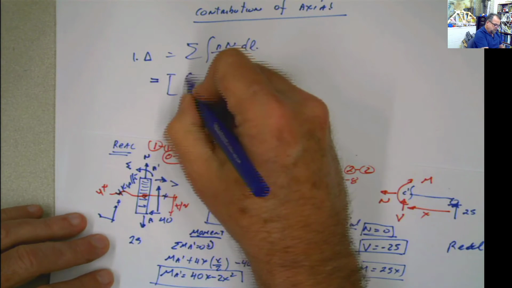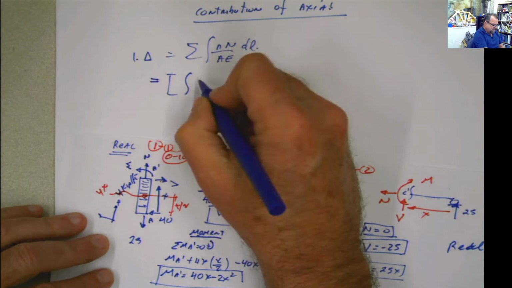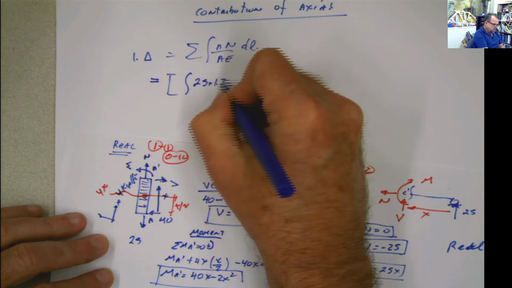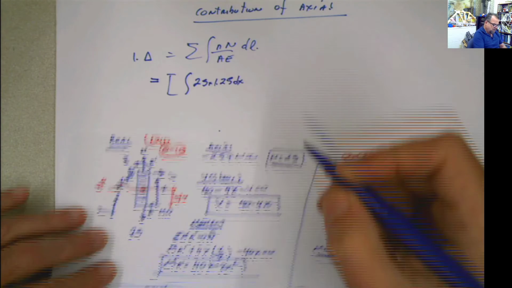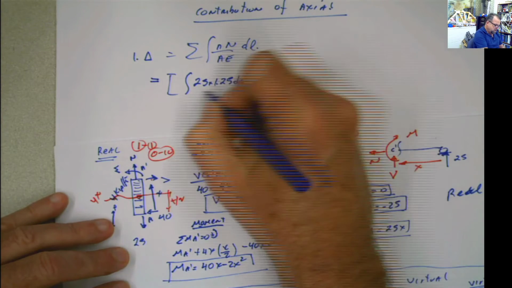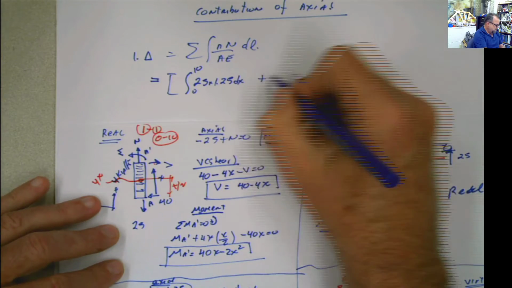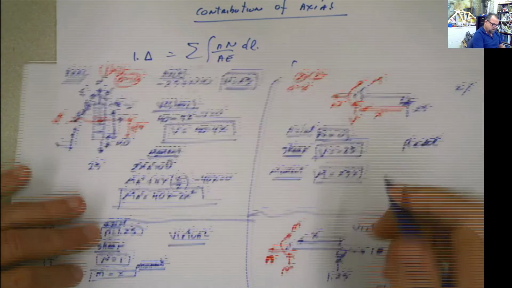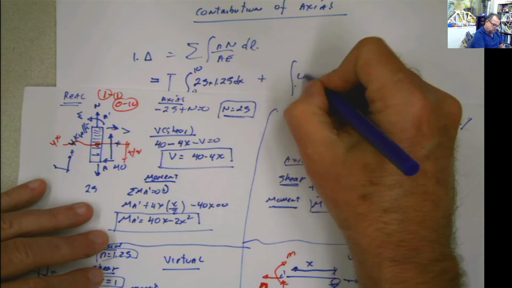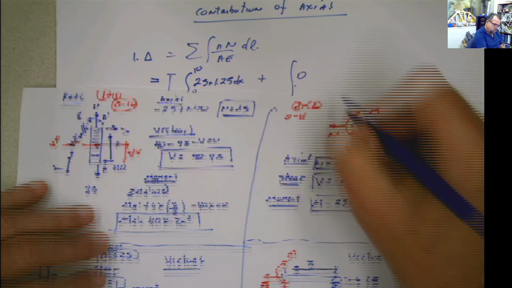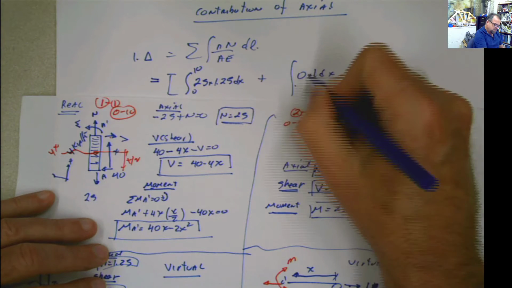So it's going to be the integral of 25 times 1.25 dx from 0 to 10, plus the integral of, oh look at that, 0 times whatever, 1 dx from 0 to 8.